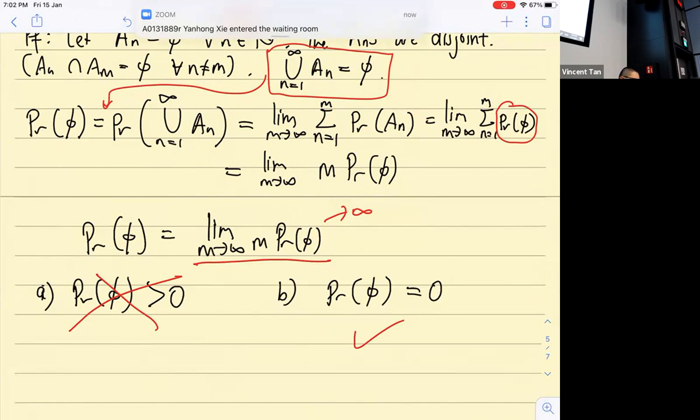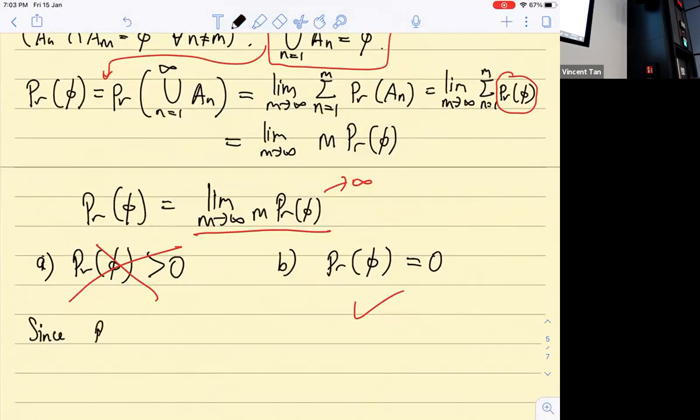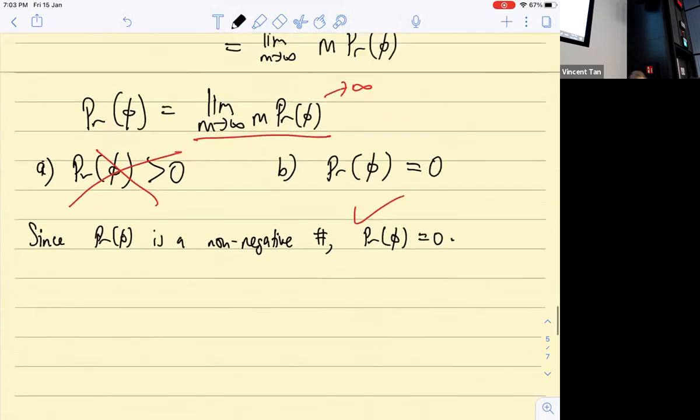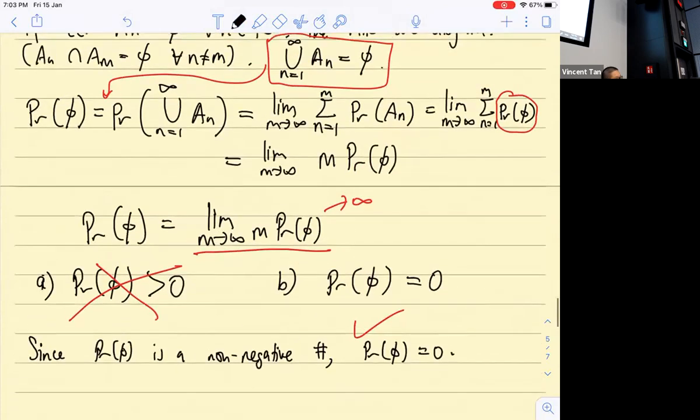You see, it involves a lot of things, right? So to conclude, since the probability of phi is a non-negative number, it must be that the probability of phi is equal to 0. Okay. So this is a bit non-trivial.